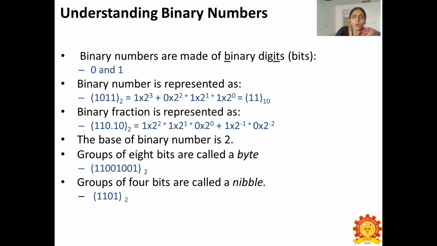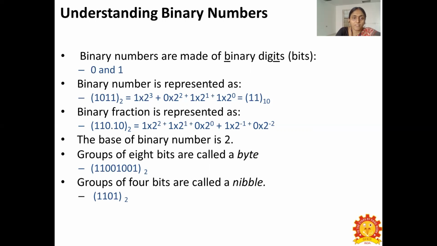And now we will see about binary numbers. So binary numbers are made of binary digits, that is bits, 0 and 1. So a binary number is represented as 1011 in binary form. Binary numbers have the base 2. So from the least significant bit, it starts with power 0 and so on.